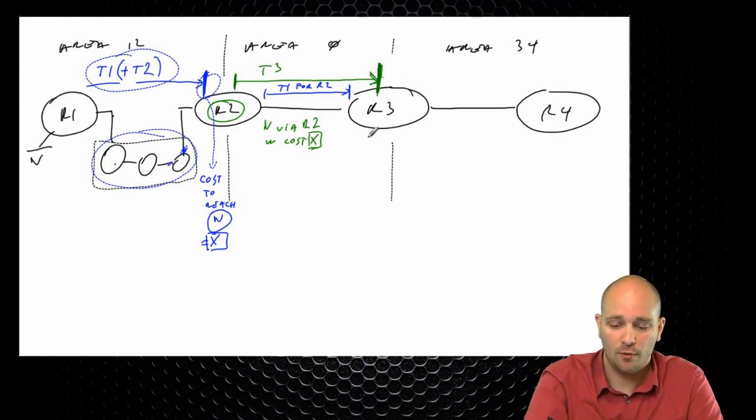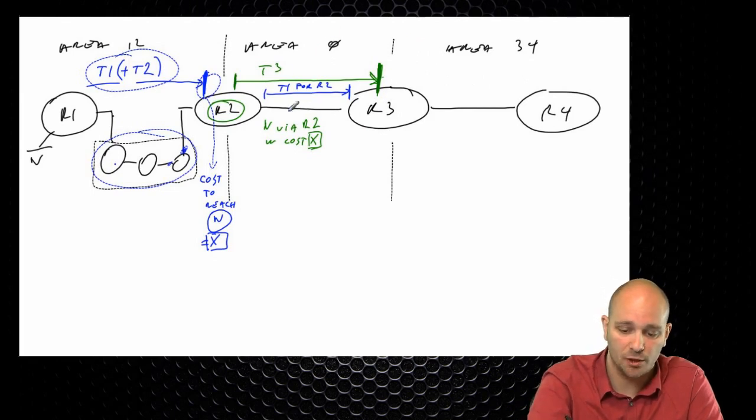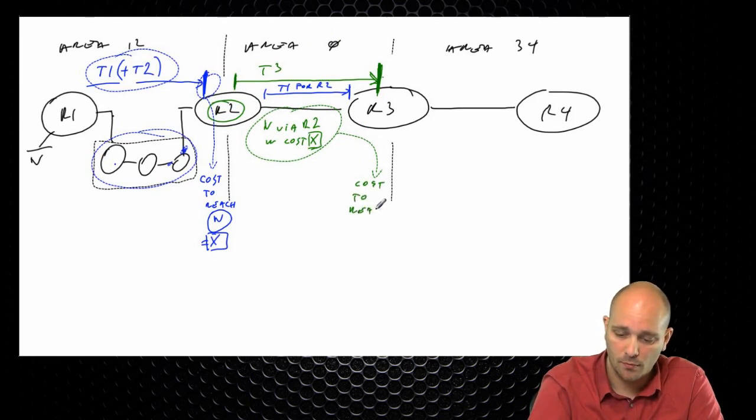So it's going to look, okay, I have network N, so it's going to take this information here and calculate its own table. The cost to reach N is the cost to R2 plus X. Make sense?